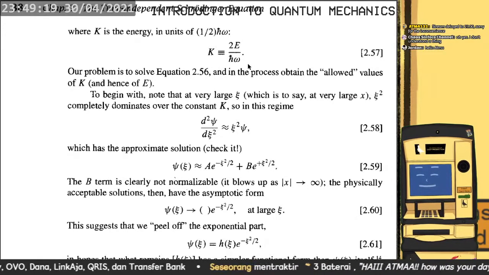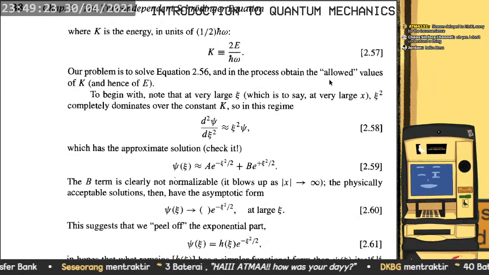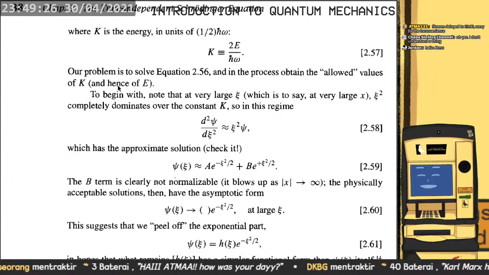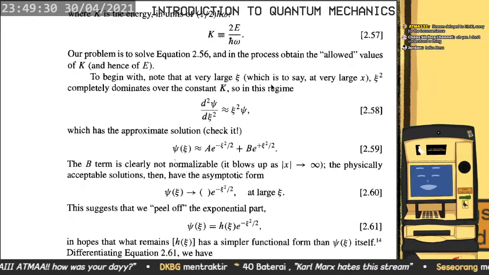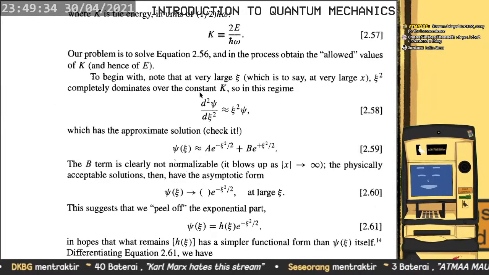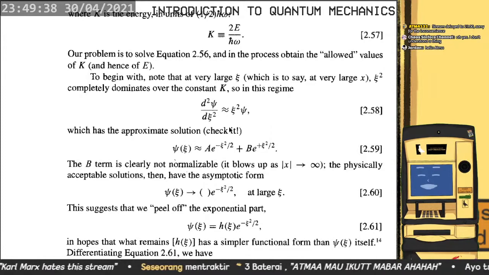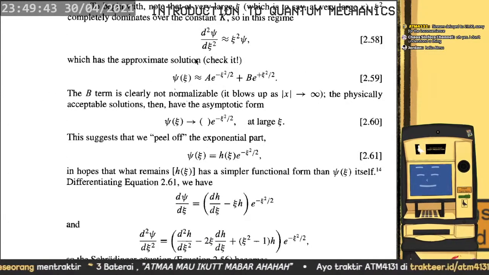Our problem is to solve Equation 2.56 and in the process obtain the allowed values of K and hence of E. To begin with, note that at very large ξ, which is to say at very large x, ξ² completely dominates over the constant K. So in this regime the equation has the approximate solution, check it.